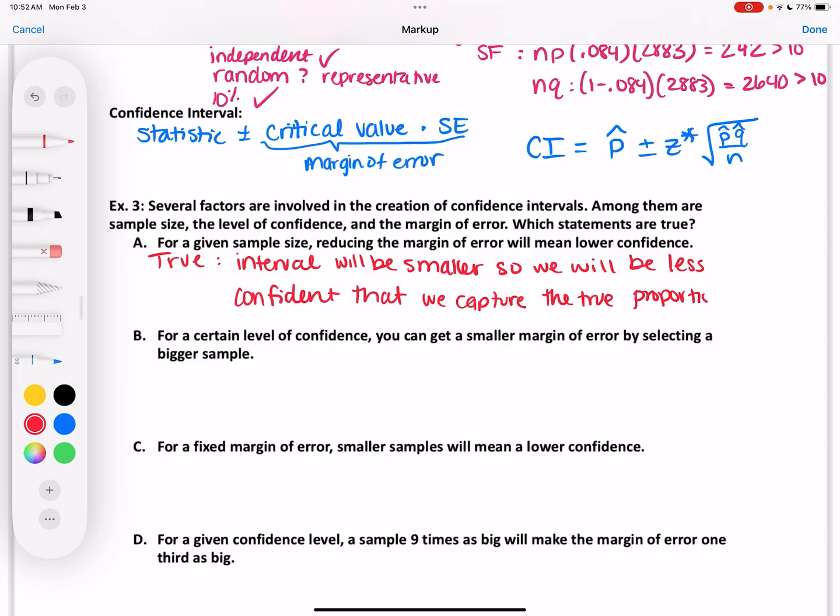So the smaller the interval, the less confident. The larger the interval, the more confident. Which makes sense because if it's a bigger interval, then obviously we're more likely to end up with the number we're actually working on to be part of it.